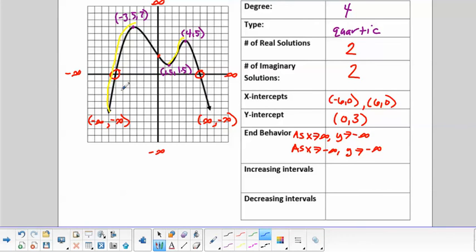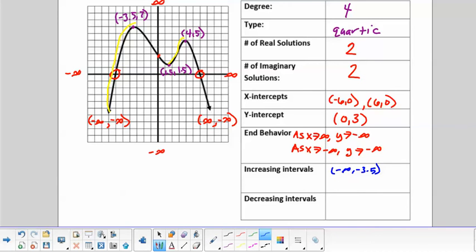So my increasing intervals, you need to list the x values. So my x value here is negative infinity, and my x value here is negative 3.5. So I'm increasing from negative 3.5, nope, that's the end, sorry. From negative infinity to negative 3.5.